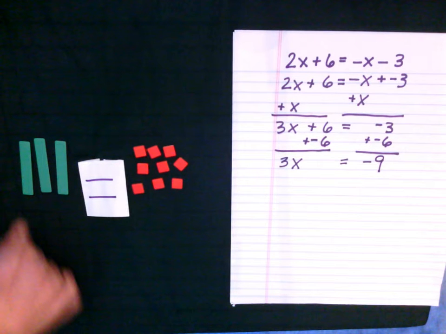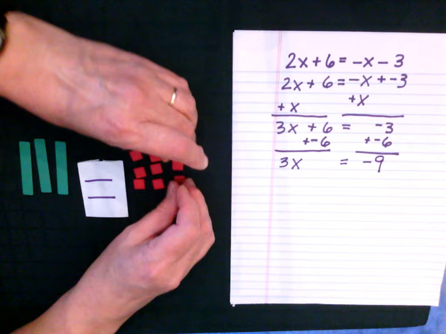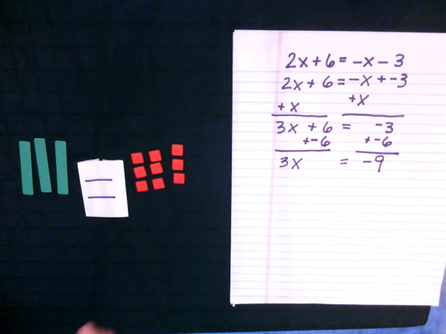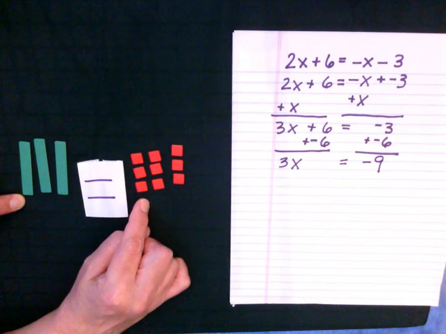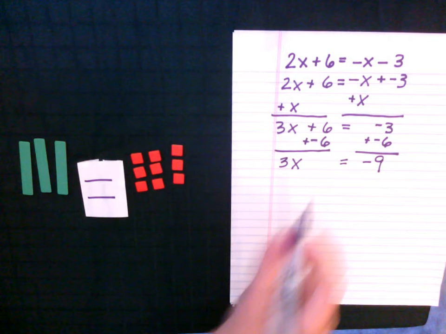I've got 3 x's, so I need to make 3 equal groups of the ones tiles, the little negative 1 tiles on the right. And that can clarify that each x is equal to negative 3. So that's how I illustrate that step in the tiles.